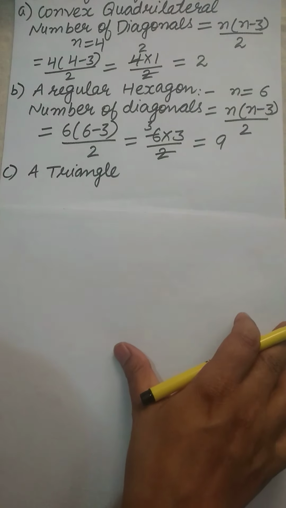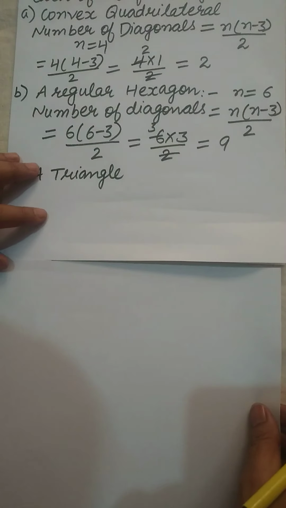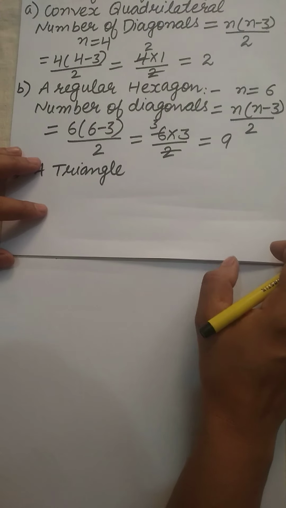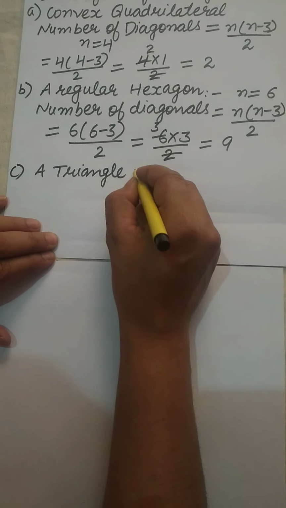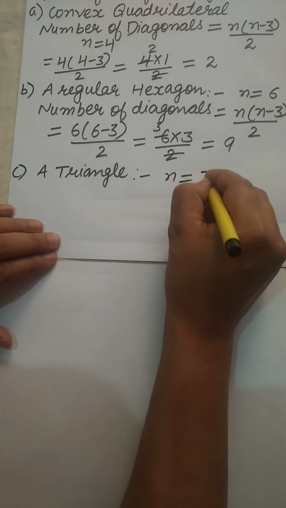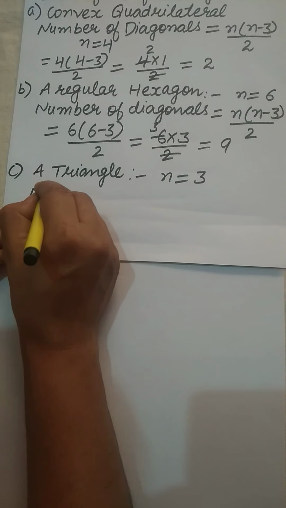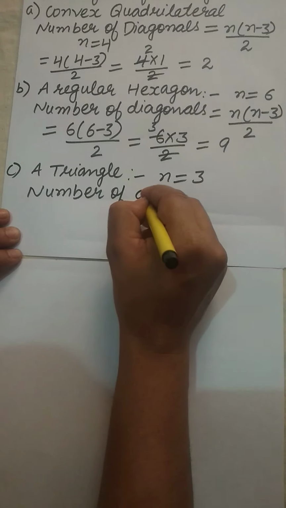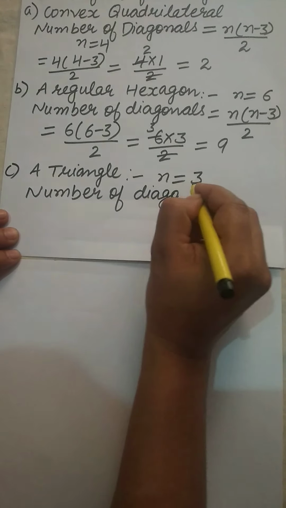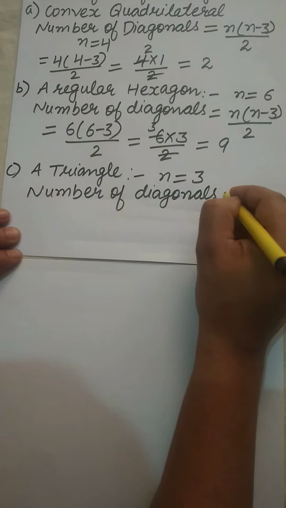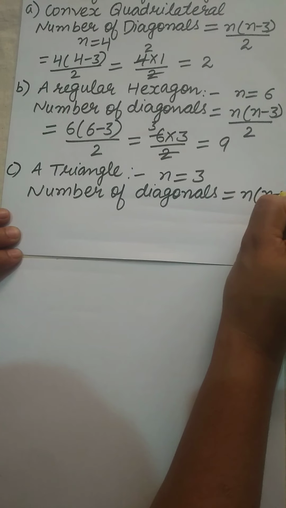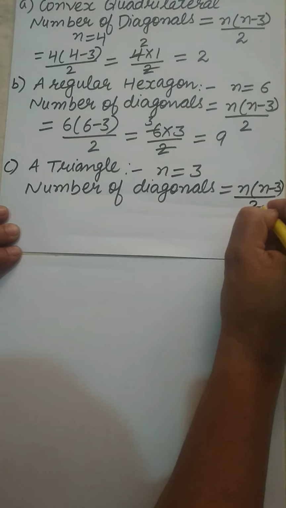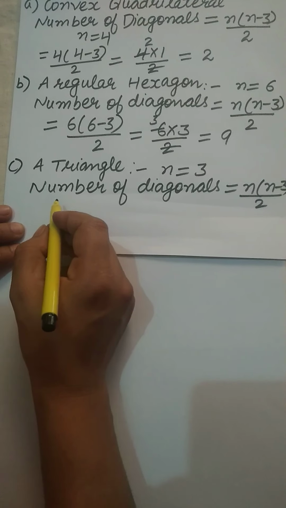Next one is for a triangle. As we know that a triangle is having 3 sides, that is n is equal to 3. So the number of diagonals is equal to n into n minus 3 divided by 2.